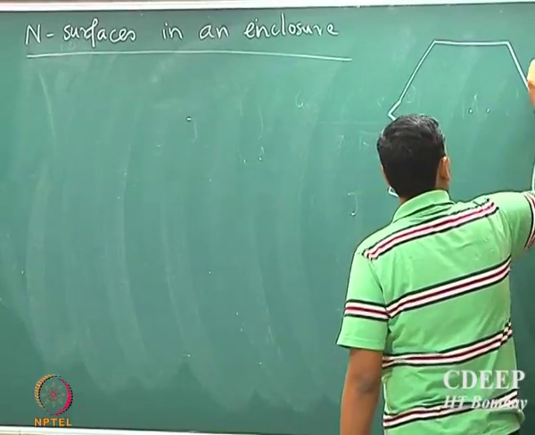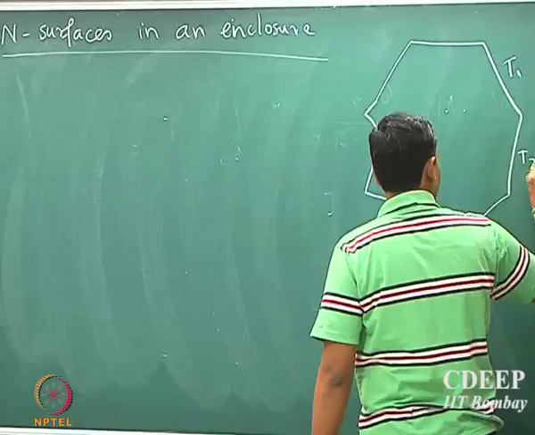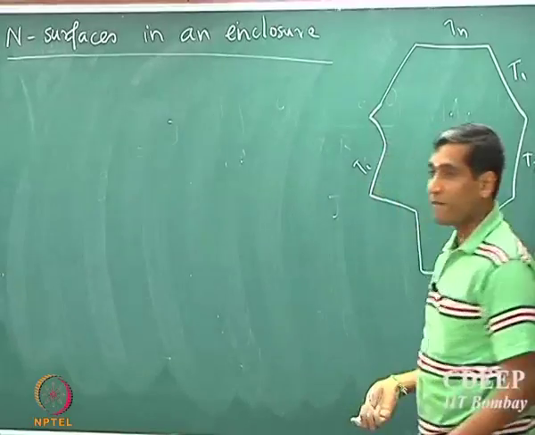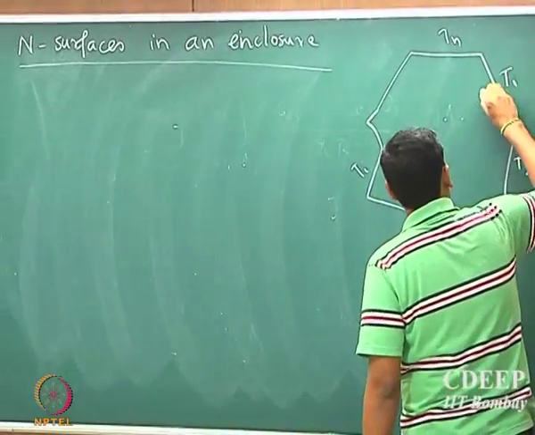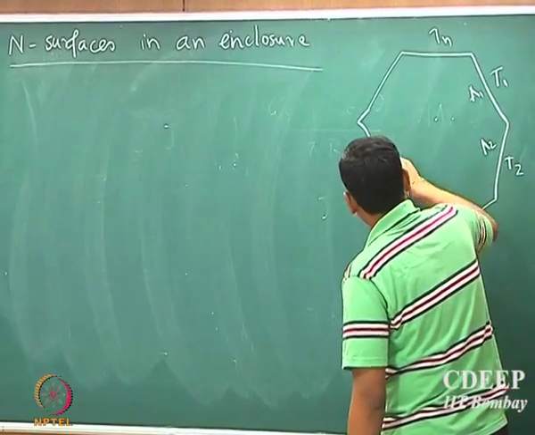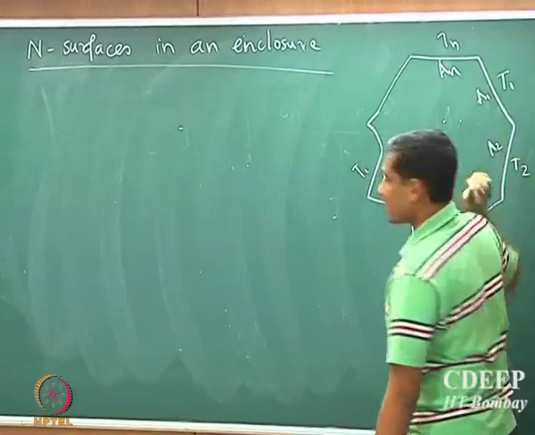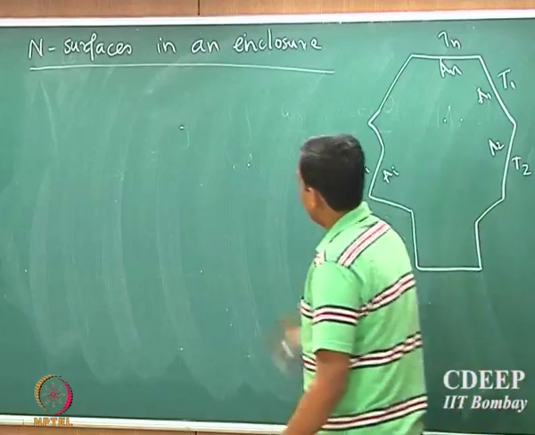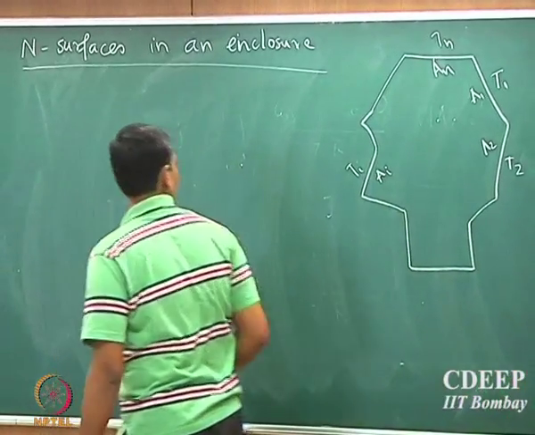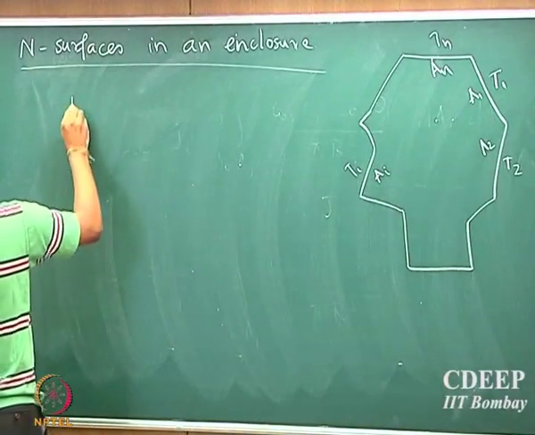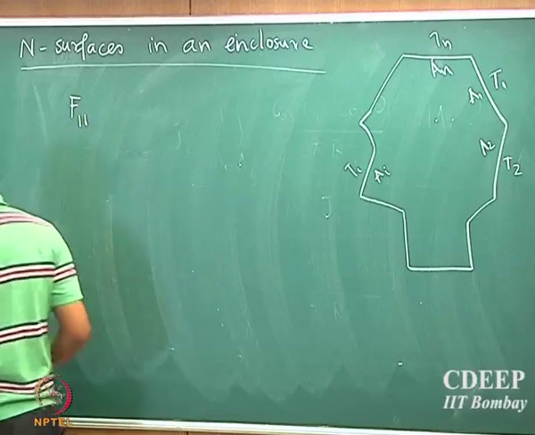Okay, so let's say they are maintained at T1, T2, etc. up to Tn. There are n surfaces and each of these has a surface area of A1, A2, Ai and An in general. Okay. So now from here we can easily read, supposing I want to calculate F11.